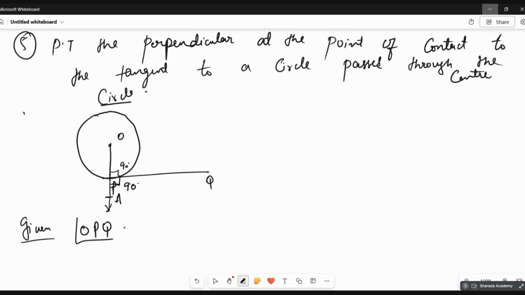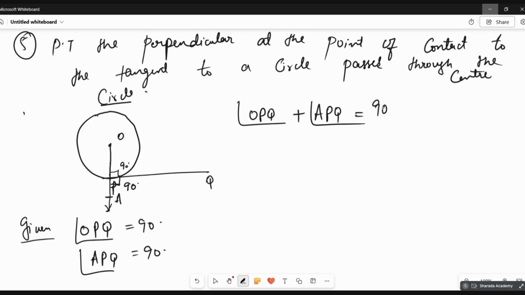OPQ is equal to 90 degrees and APQ is also 90 degrees. So what you will get? OPQ plus APQ is equal to 90 plus 90, that is 180 degrees. Therefore OPA is a straight line.